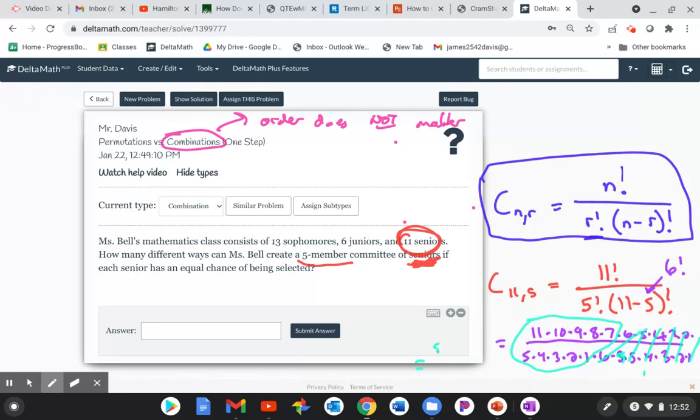That gives us 55,440 over 5 times 4 times 3 times 2 times 1, over 120. And then we would need to go ahead and divide. And we get 462.